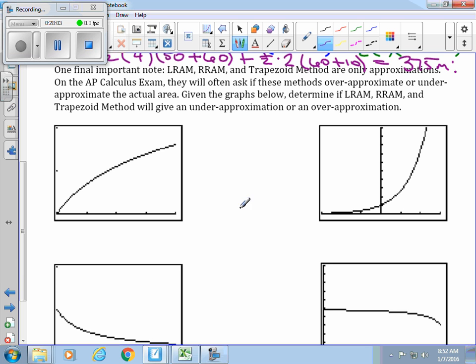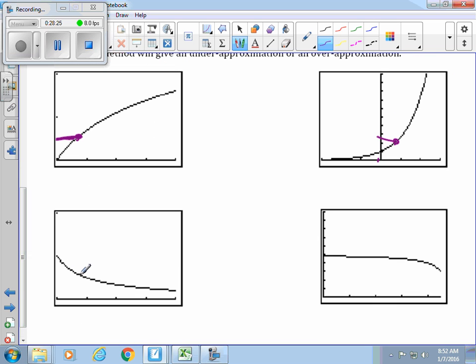So if we look at this one, let's talk about a right rectangle approximation. Everyone agree it's over? Okay, let's talk about right rectangle approximation here. Over? Everyone agree? What about here and here? And here?